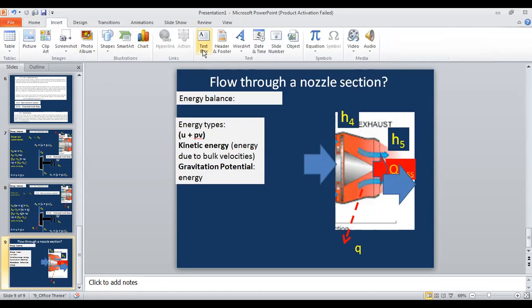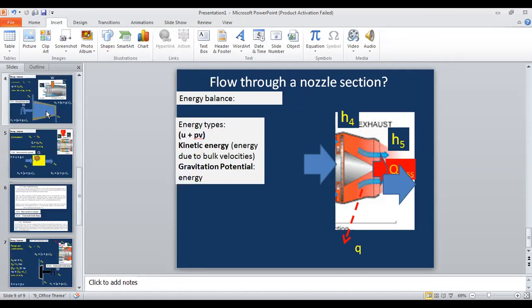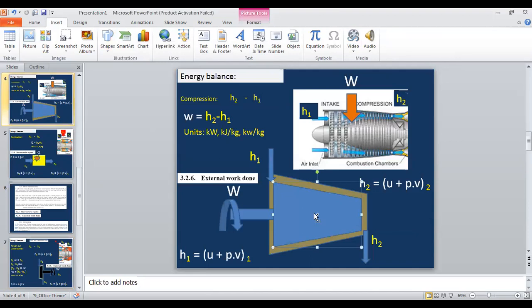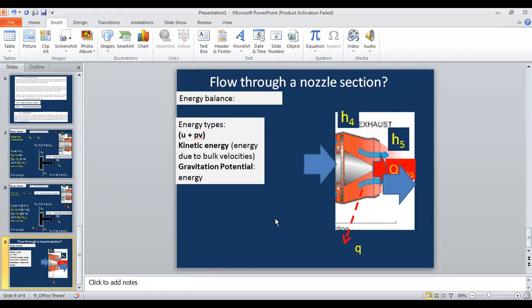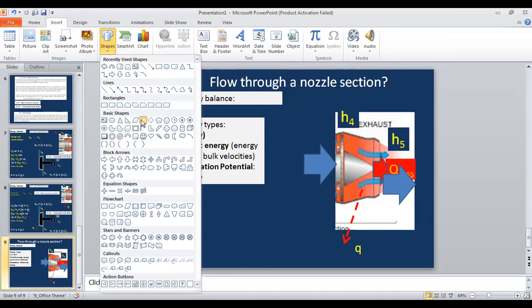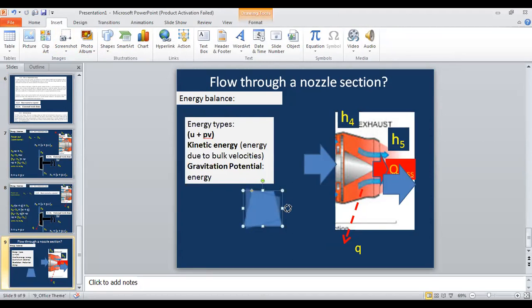If I take that nozzle, you feel it is something like a compression shape. See, a reduction is there.